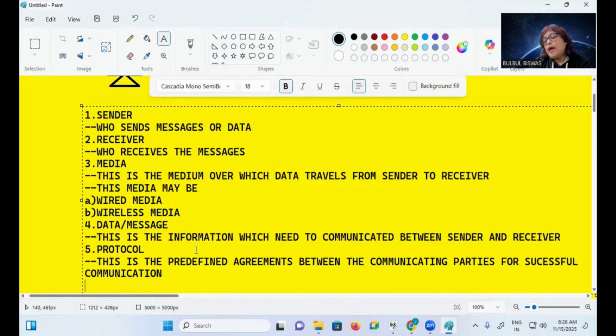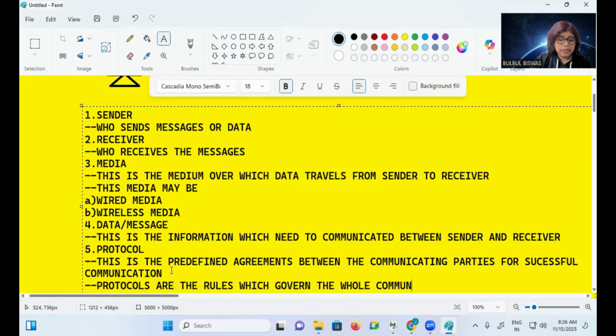A protocol only defines how devices will communicate with each other, and these are all predefined. That's why we can also say that protocols are the rules which govern the whole communication process.